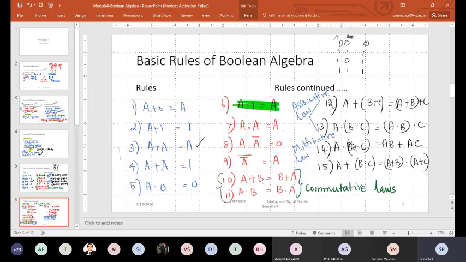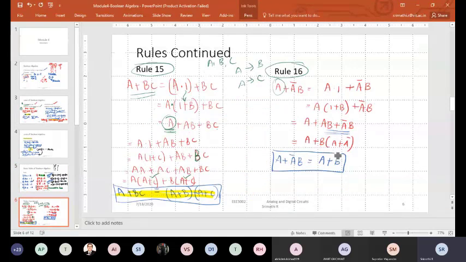And we know a plus a bar is 1, according to rule number 4. So finally the answer is a plus b. So a plus a bar b is equal to a plus b. Keep in mind, if a literal and its complement are appearing, directly we can write the first literal and the second literal alone.